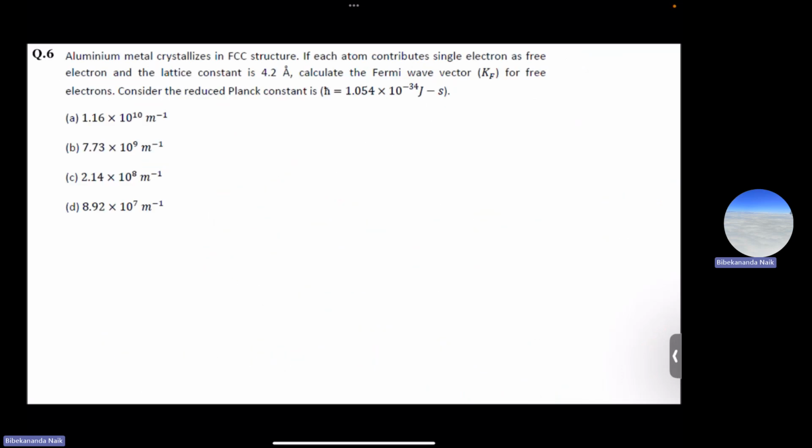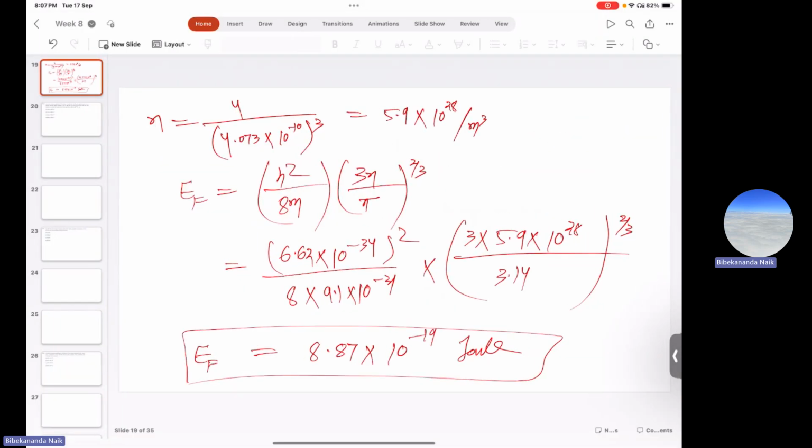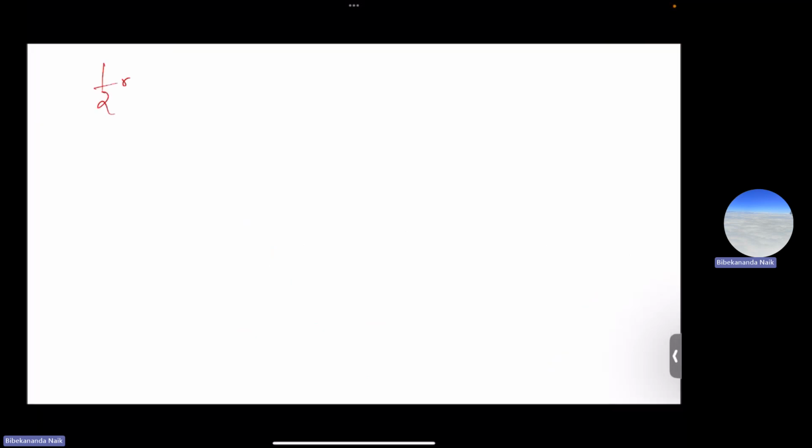Now, what will be the Fermi velocity? Let me add another slide. So we know half m Vf square equals Ef, which is 8.87 into 10 to the power minus 19.